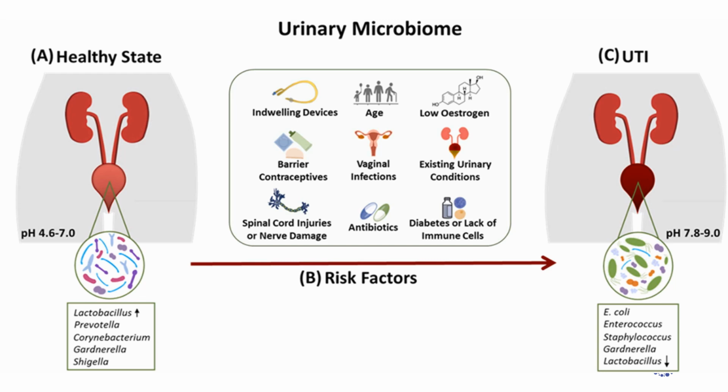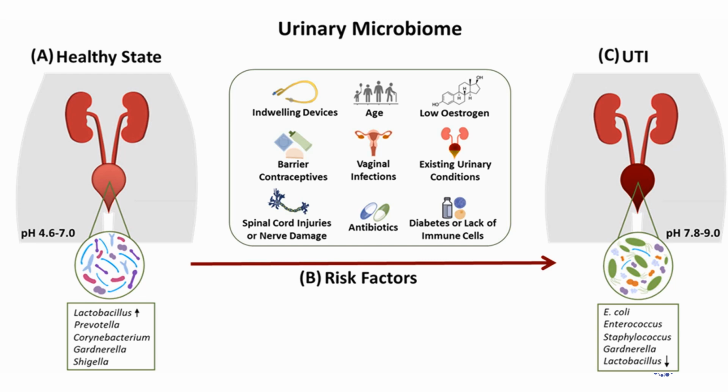In a healthy state, the bladder and urinary microbiome usually contains mostly Lactobacillus, followed by Prevotella, Corynebacterium, Gardnerella, and even a bit of Shigella. The pH of the bladder should be somewhere between 4.6 and 7.